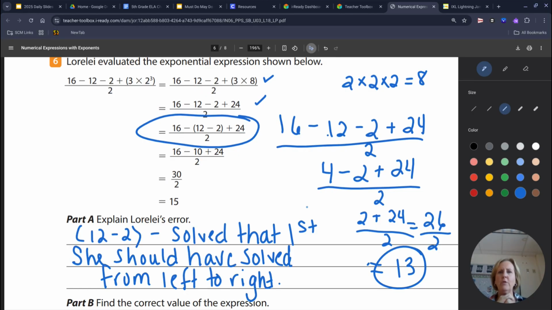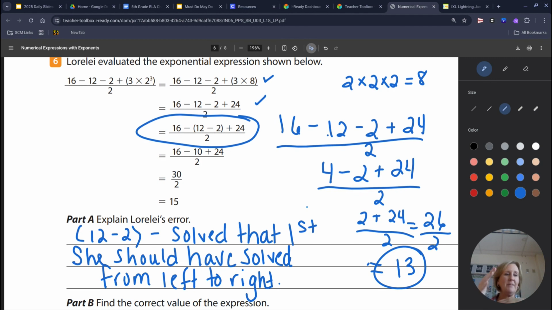Now, one question that I just want to make sure is clear is, why is it if we're doing these and we still have some division, why is it we're doing all of that subtraction and adding before we divide by 2? And the answer to that is, think of it as one section of the expression that has to be solved separately.